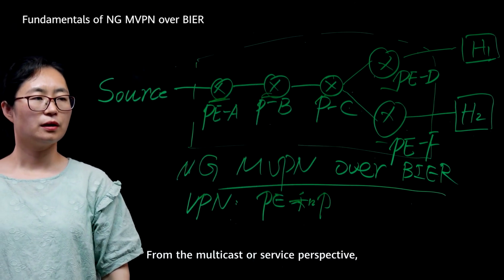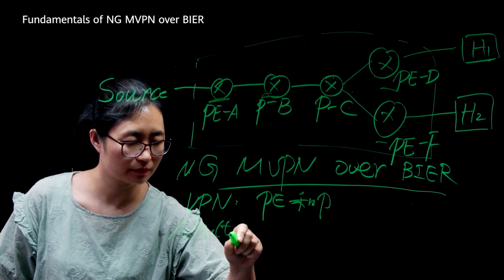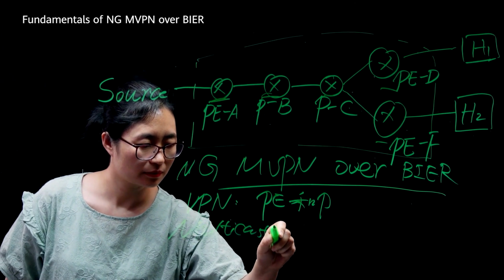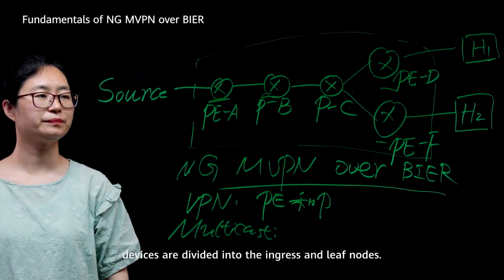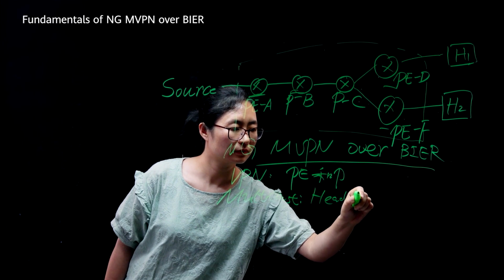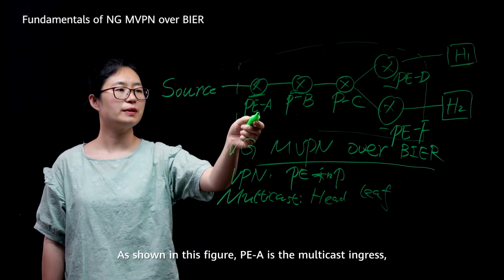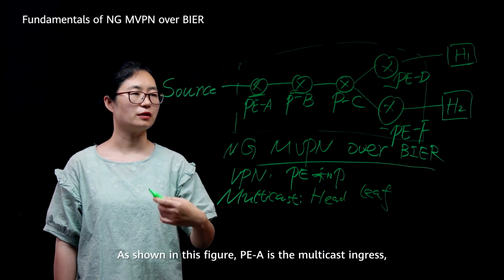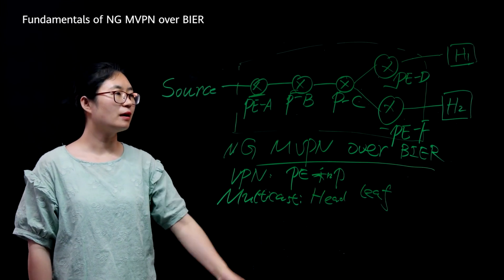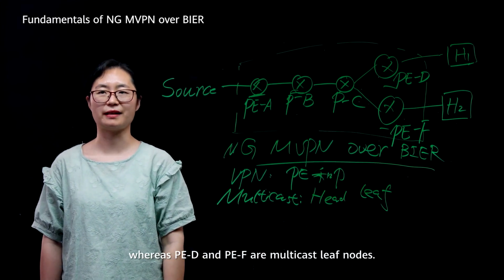From the multicast or service perspective, devices are divided into the ingress and leaf nodes. As shown in this figure, PEA is the multicast ingress, whereas PED and PEF are multicast leaf nodes.